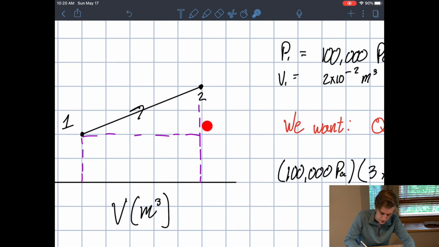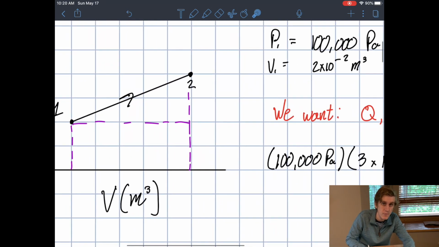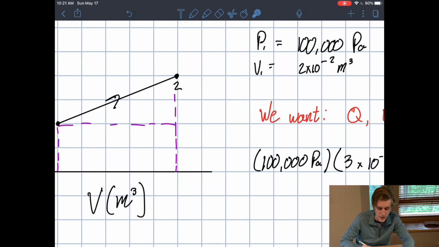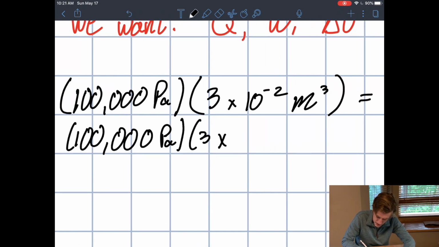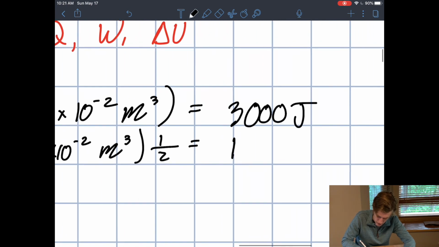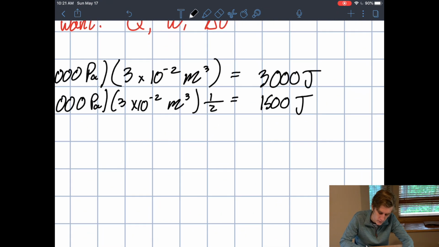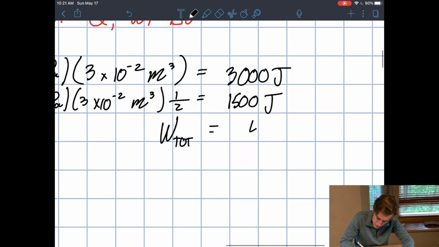So we have a height of 100,000 pascals, a width of 3 times 10 to the negative 2 meters cubed, and we know that the area of a triangle is these two numbers multiplied together and then divided by 2. So we have 100,000 pascals times 3 times 10 to the negative 2 meters cubed times 1/2, and this equals 1,500 joules. So our total work is just these two numbers added up. It's 4,500 joules.